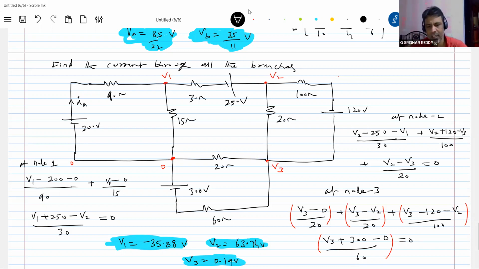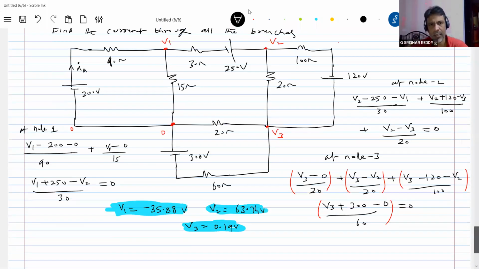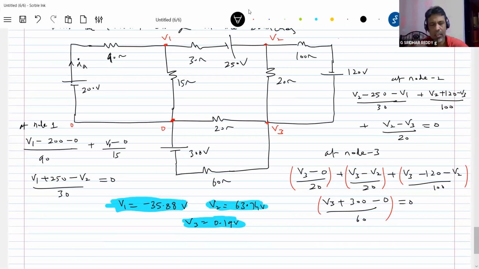How to calculate the current? I'll show for one, because there's a major idea in that, to calculate the current in all branches. So I'll start with this one. The same current will flow here, no? Again IA, the current in this branch.